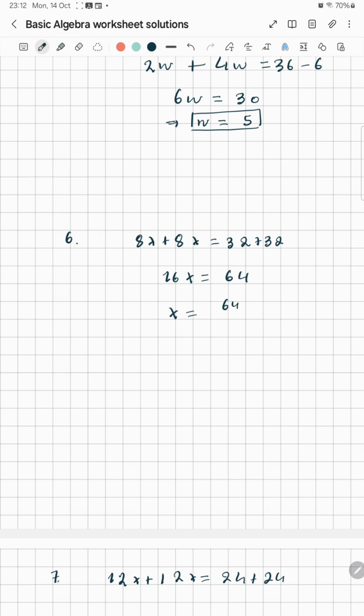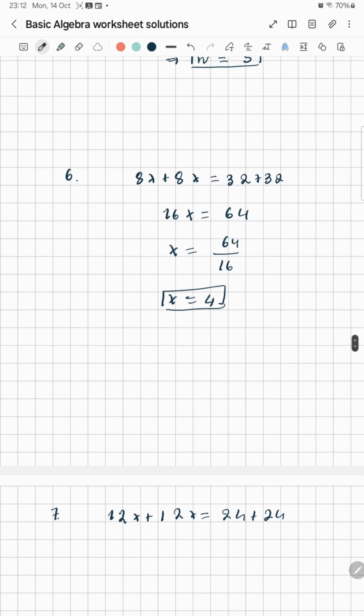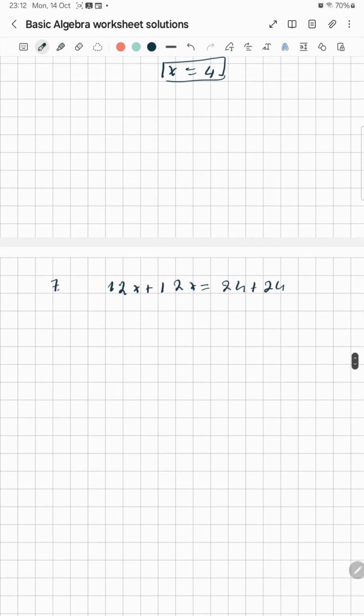X equals 64 over 16, and x is equal to 4 by dividing both sides by 16. Number 7, this is 24x equals 48. We divide by 24, and we get that x is equal to 2.